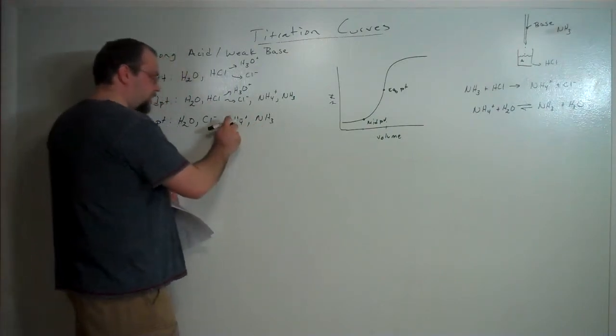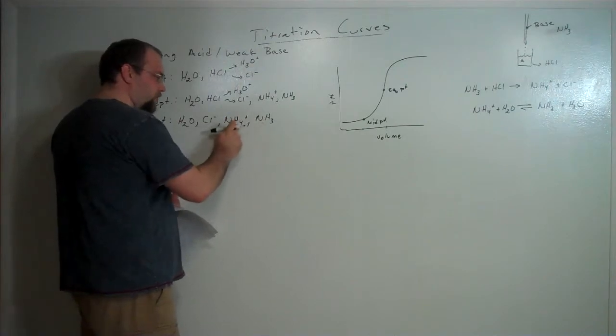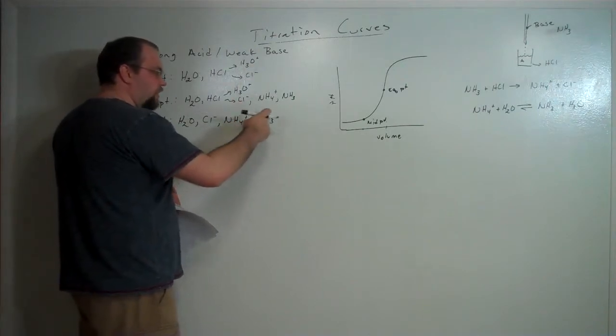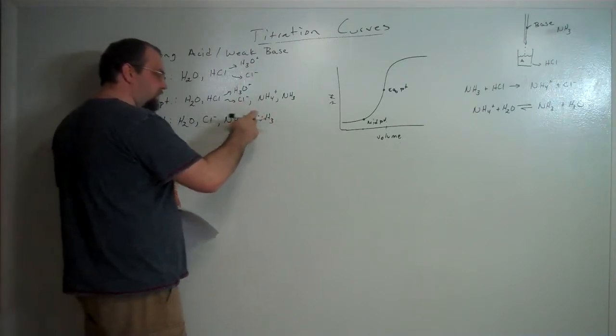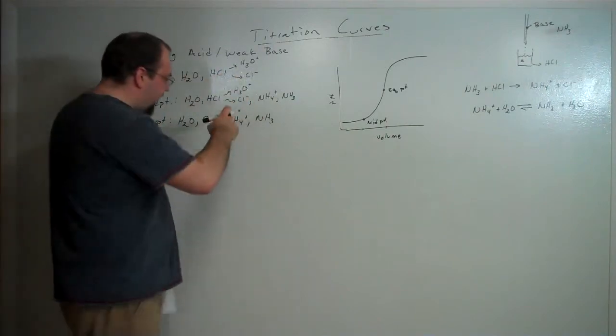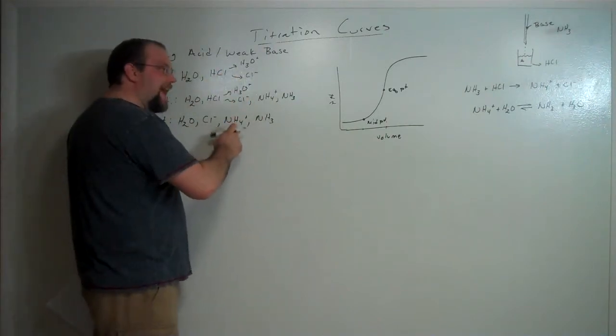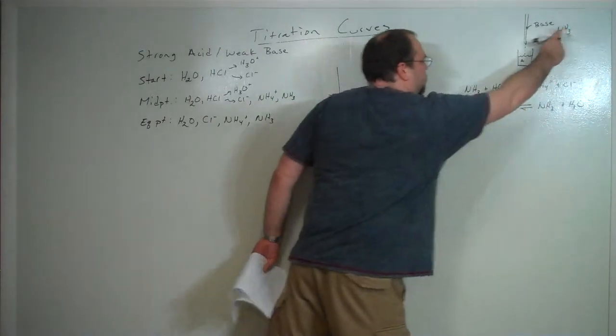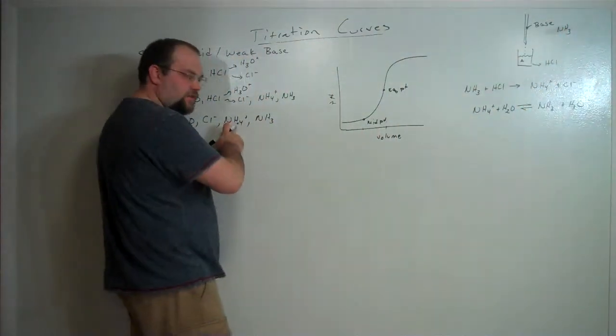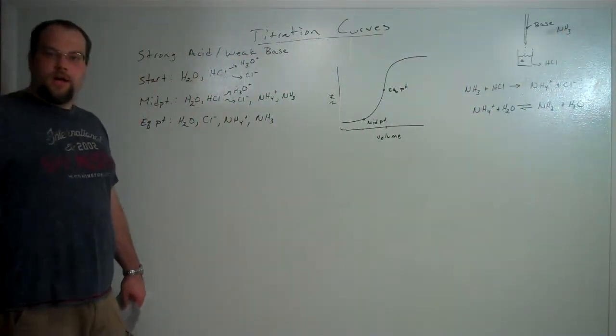In this dissociation, from my NH4 to my NH3, this has to donate a proton. NH4 is the conjugate acid of ammonia.